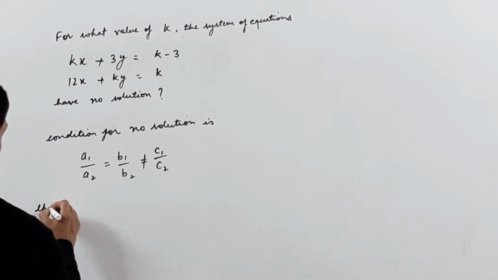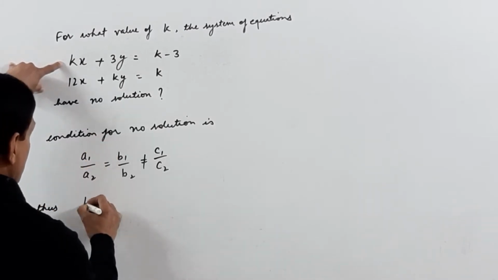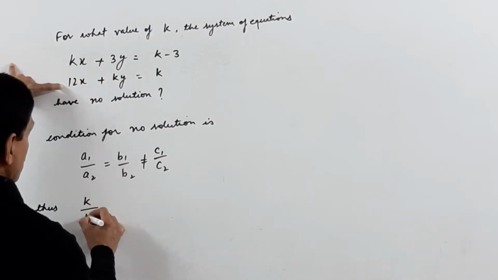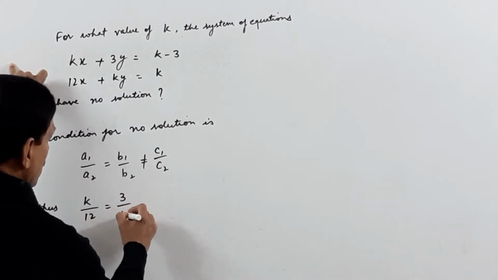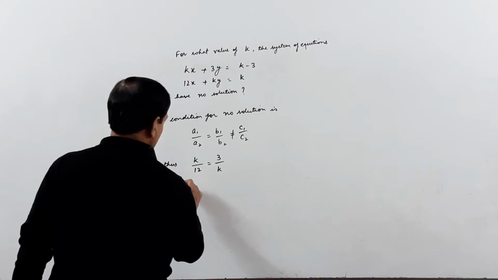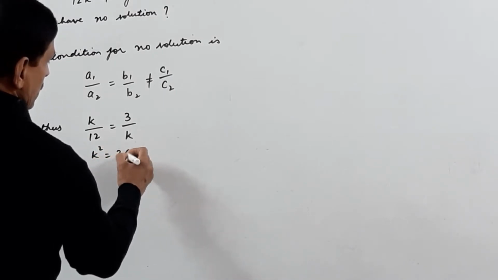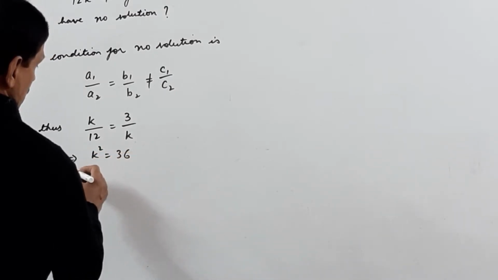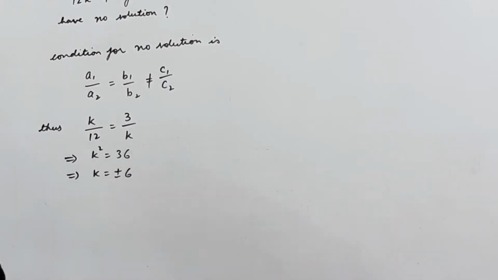Thus a1, that is k, upon 12 is equal to 3 upon k. It implies k square is equal to 36 and k is equal to plus minus 6.